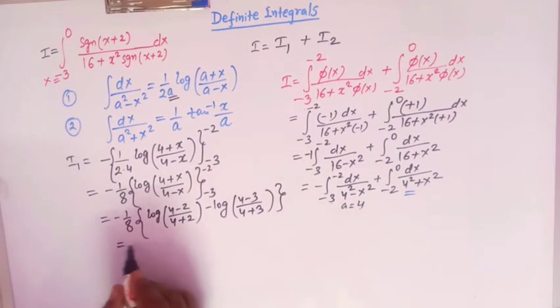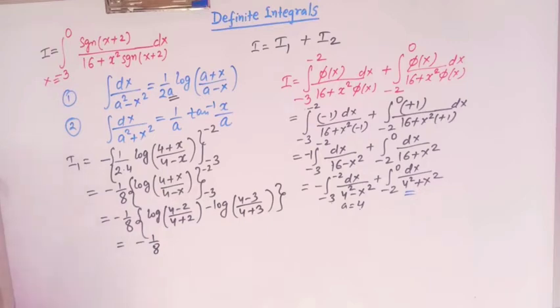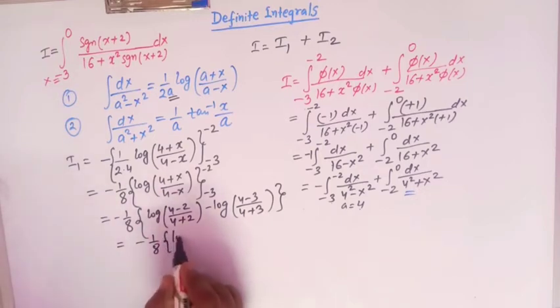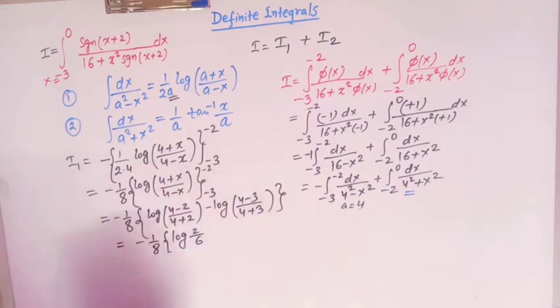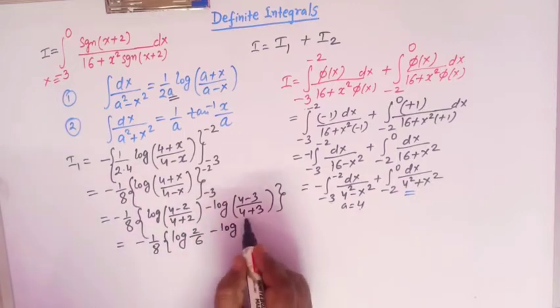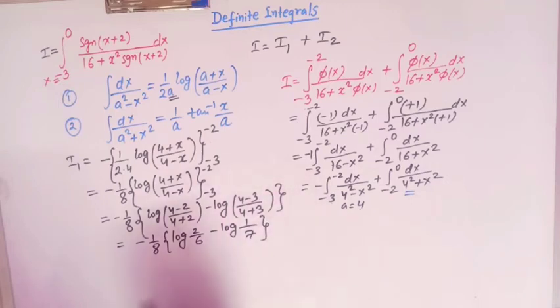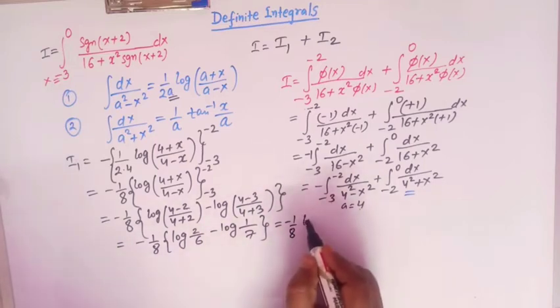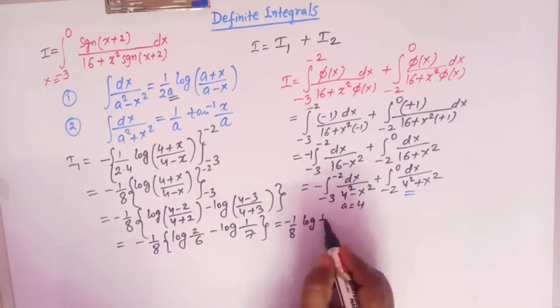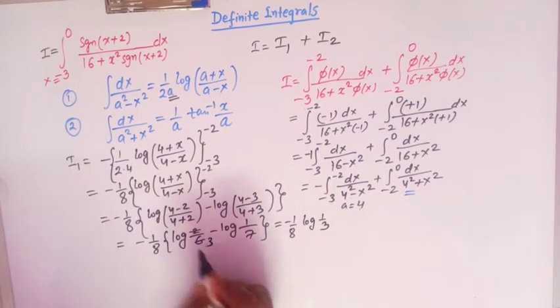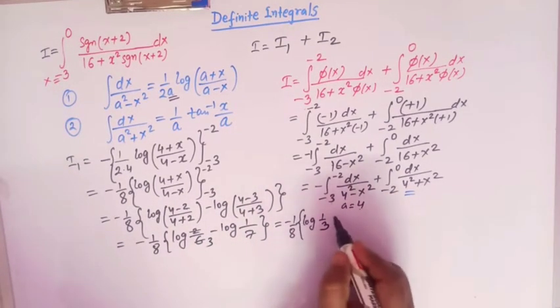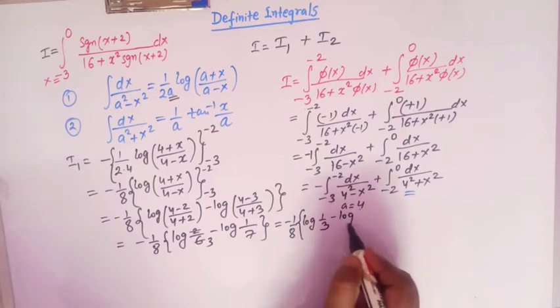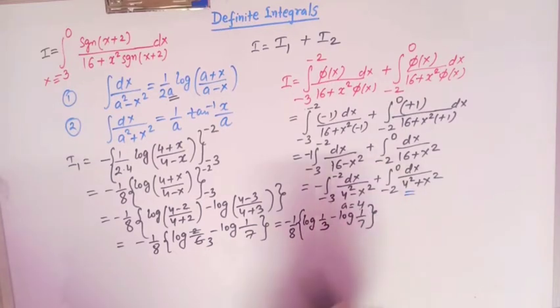So now we can write it as minus 1 over 8, and here we have log of 2 over 6, minus log of 1 over 7. So now we can simplify it by writing minus 1 over 8, and we have log of 1 over 3, minus log of 1 over 7.